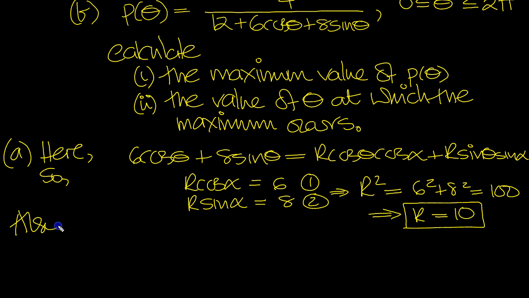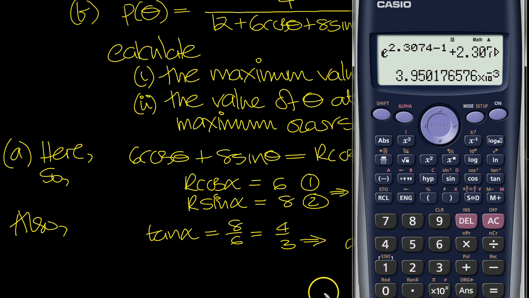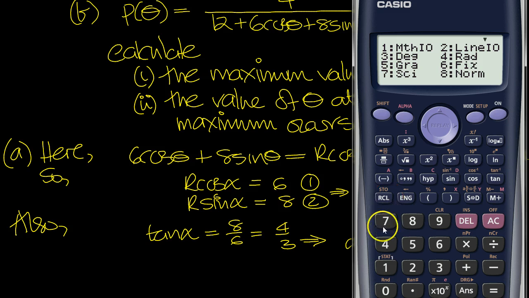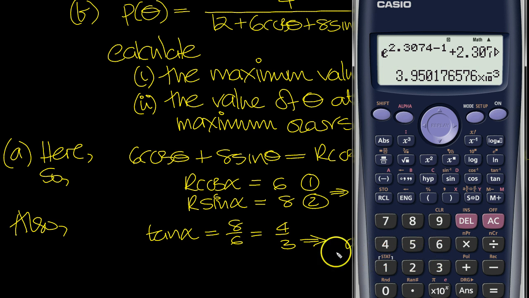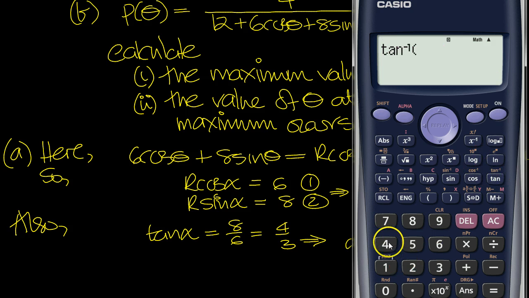Also, we see that sine over cos, tan alpha, is equal to 8 over 6, which equals 4 over 3. So that tells us that alpha is equal to, now we need to be in degrees mode, shift tan 4/3, inverse tan of 4 divided by 3.